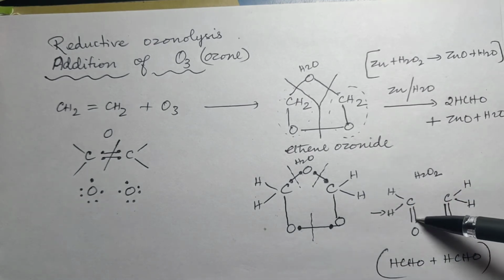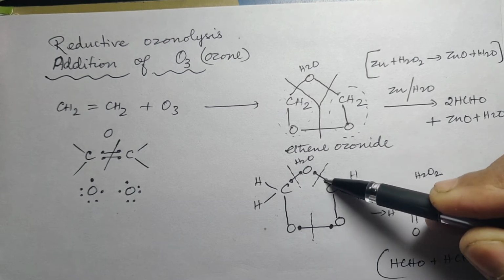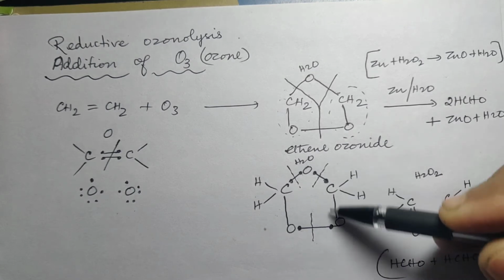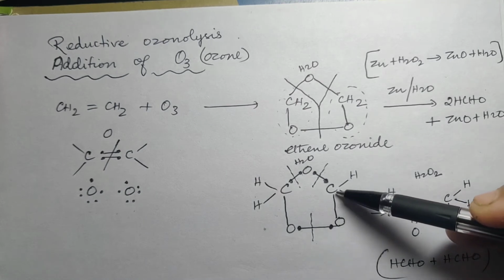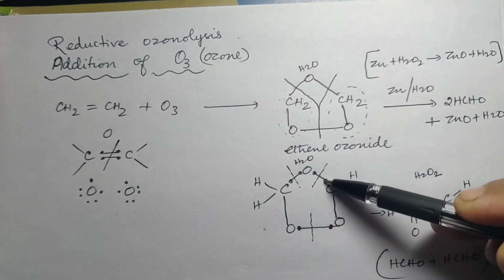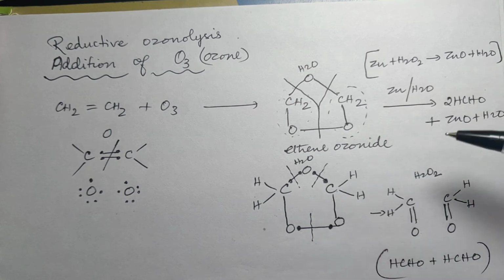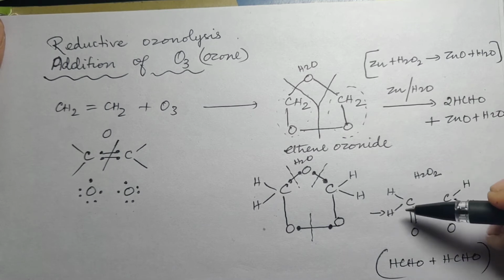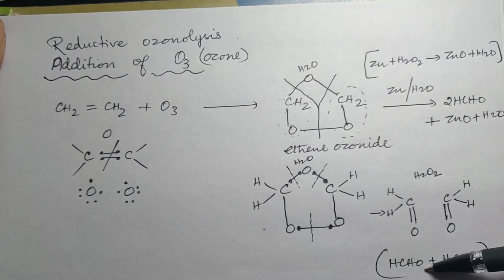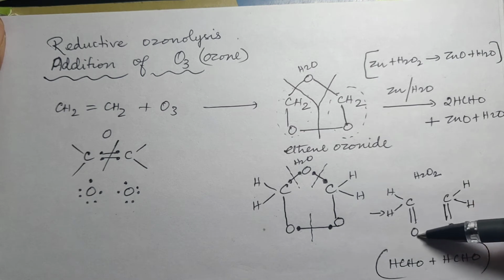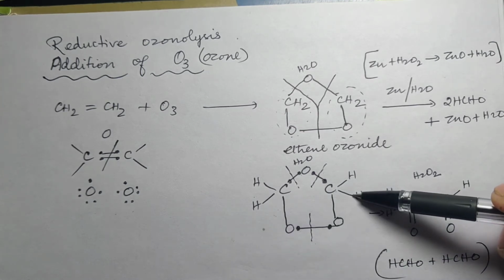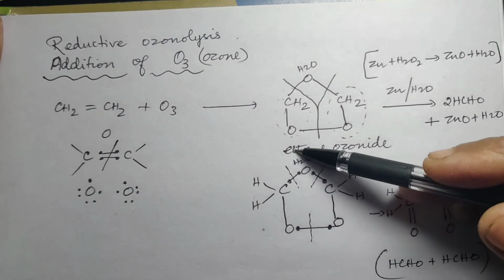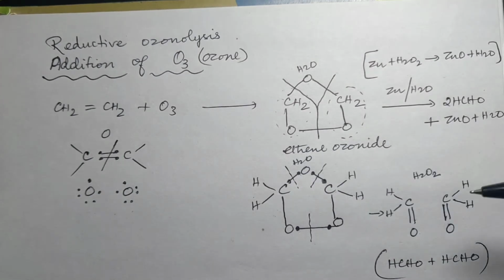Same way, this electron and this electron will share and become a bond. So the single bond after sharing of this pair of electrons will become a double bond on both sides. And you know very well that formaldehyde is HCHO. This is the aldehyde group. So two molecules of formaldehyde are formed and this goes as H2O2.